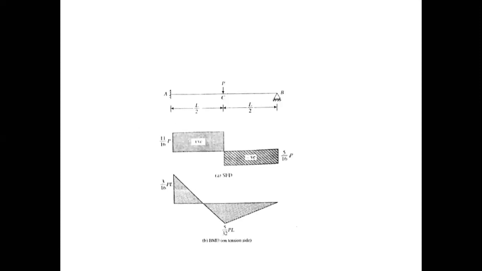For example, one of the boundary conditions for this beam is that we can clearly see there will be no deflection at end A. So at end A, where L is 0, the deflection will be 0.